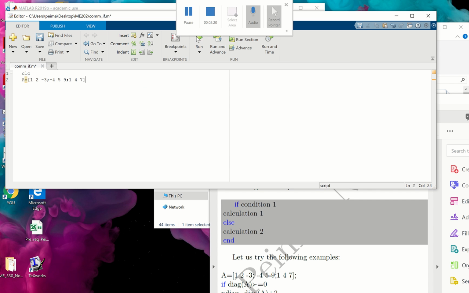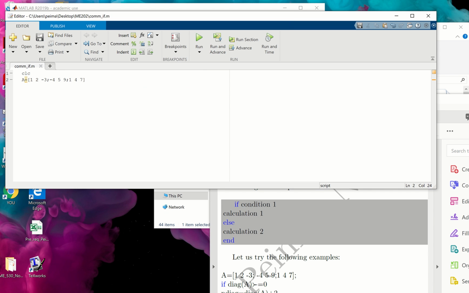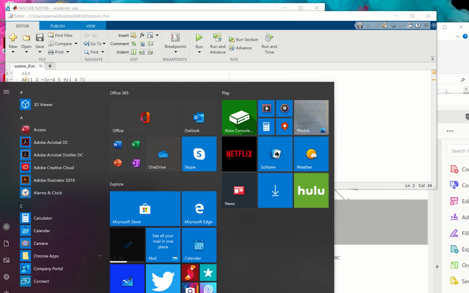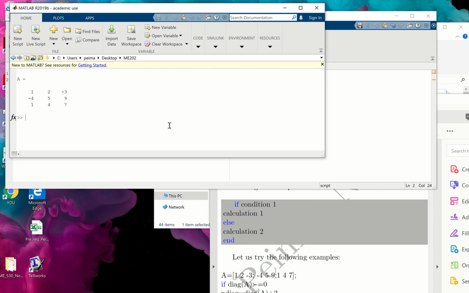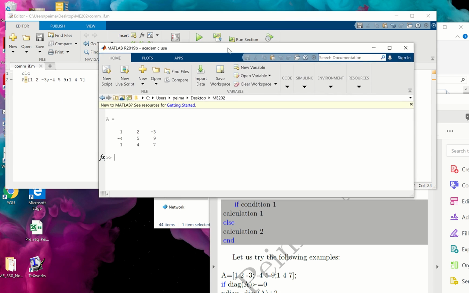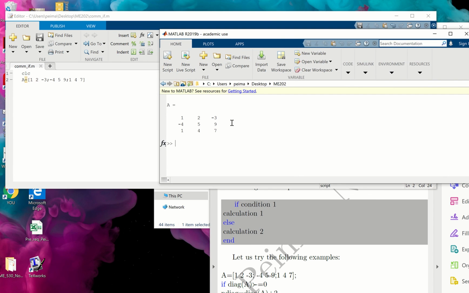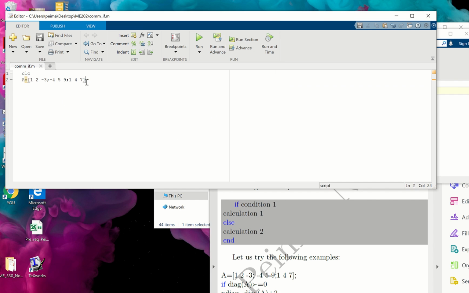Here we go. If I run this, guys, I'm gonna get this 3 by 3 matrix. That's right. And now I'm writing: if diagonal elements of the matrix A, that I taught you in the YouTube links that you have, greater than or equal to 0.